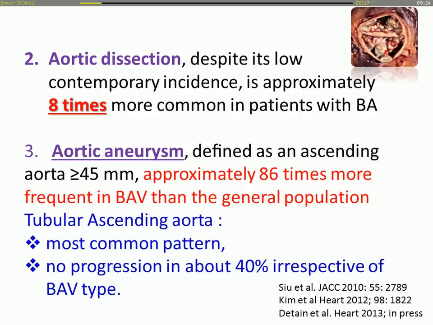Some patients may have an ascending aorta aneurysm without any progression, and some may not have any aneurysm when you see the patient for the first time and will develop an ascending aorta aneurysm afterwards. So we have to be very careful to assess the valve, to assess the ascending aorta, but also to assess the left ventricle. We will discuss that later on.